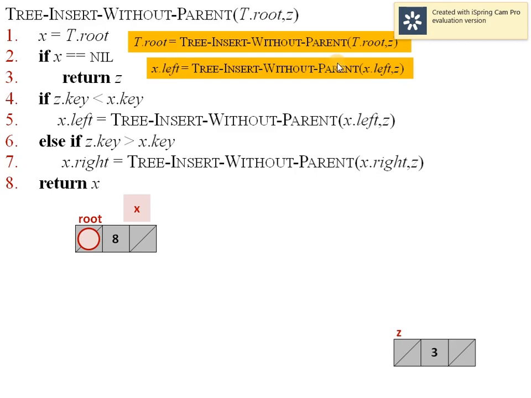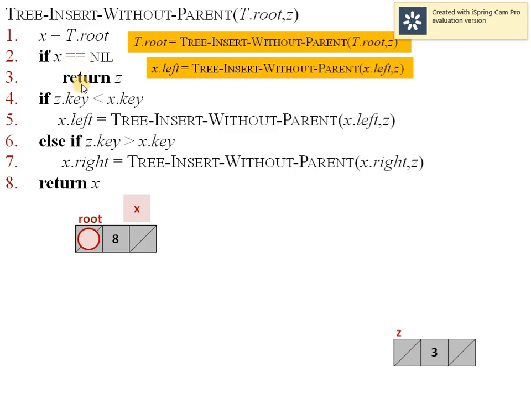So now when we call this procedure, we are calling it with x dot left. So x dot left is nothing but null right now. So null comma 3 is actually being called. So the moment I say null comma 3, line number 2 will give me true, because t dot root in this function call is nothing but null.